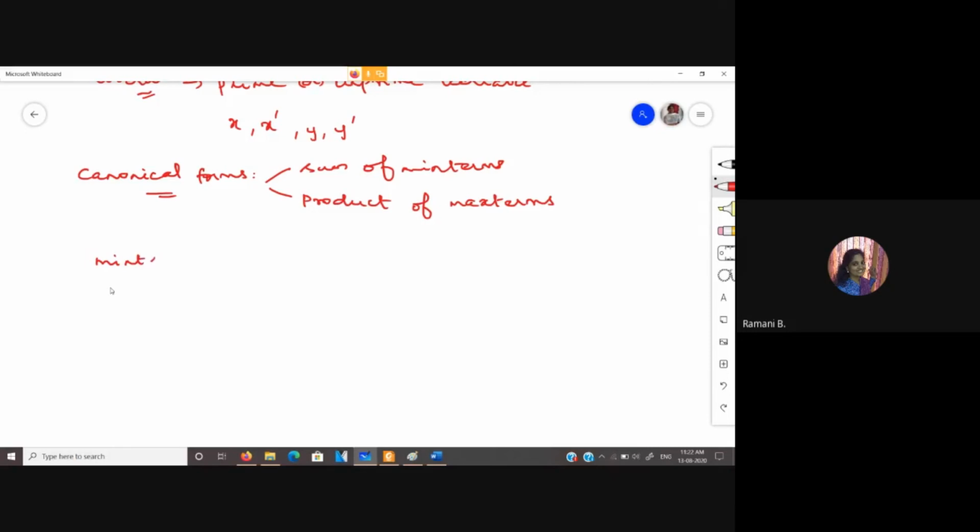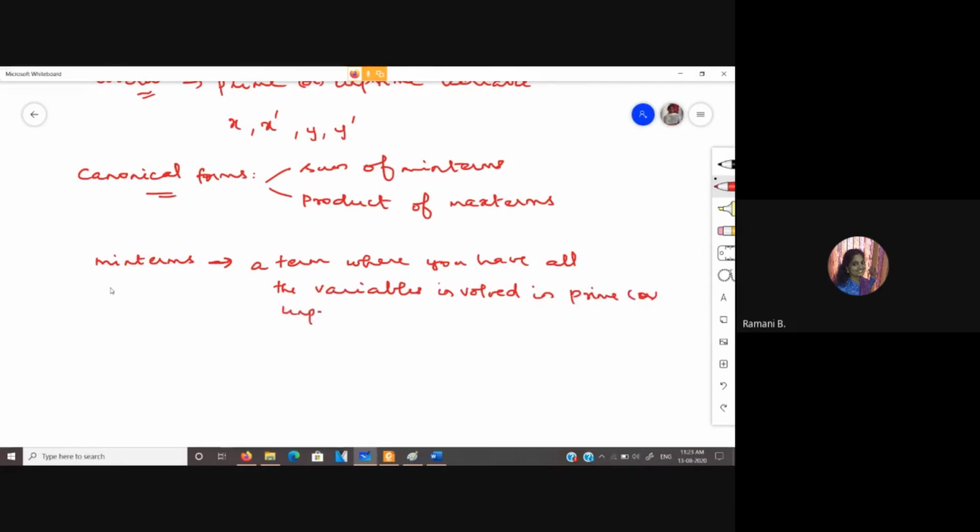A min-term is nothing but a term where you have all the variables involved in the expression, in primed or unprimed form.